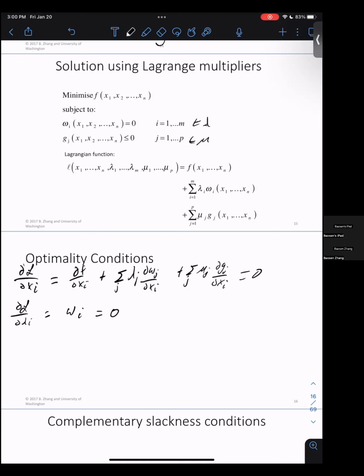The inequality must hold all the time, and we have mu_i times g_i equal to 0, and mu_i greater than or equal to 0. This is the weirdness of the inequality constraint. Instead of everything being just some function equal to 0, now you have this product term that comes up. This is called complementary slackness.